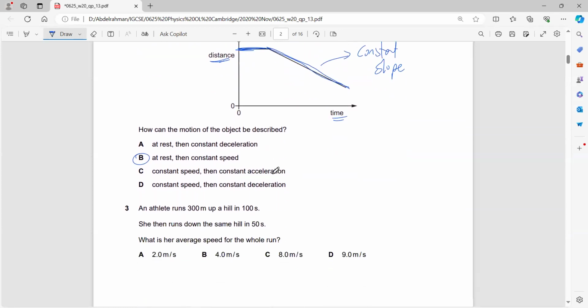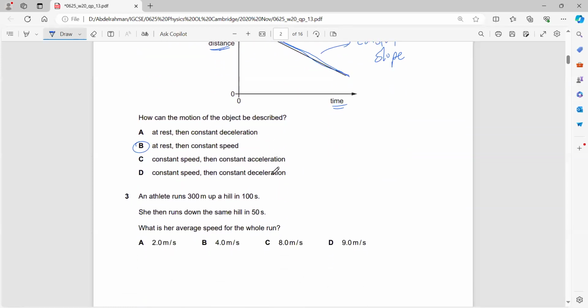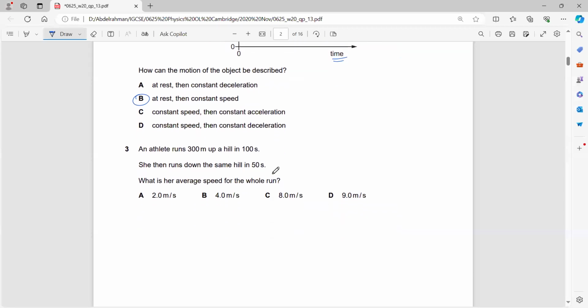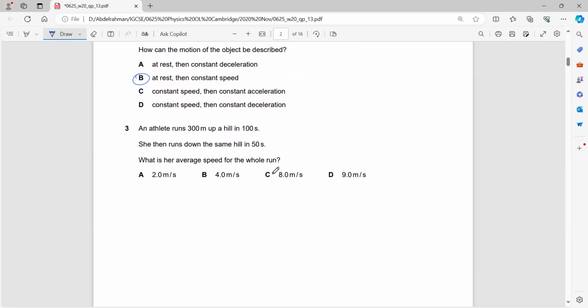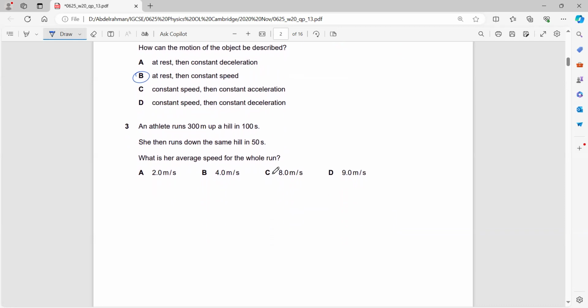An athlete runs 300 meters up a hill in 100 seconds, and then she runs down the hill in 50 seconds. What is her average speed? Average speed equals total distance over total time.